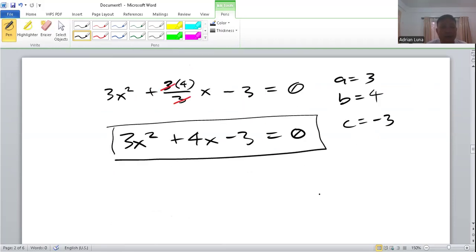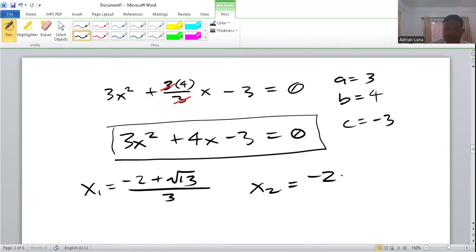And we're going to grab our calculator to prove that 3x squared plus 4x minus 3 is equals to 0. Yung roots niya ay equal kay x of 1 is negative 2 plus square root of 13 over 3 at si x of 2 is negative 2 minus square root of 13 all over 3. Now let's grab our calculator.